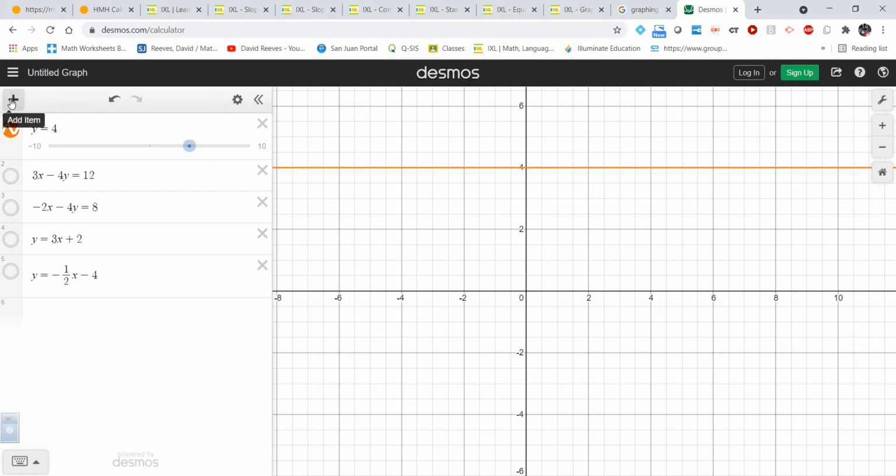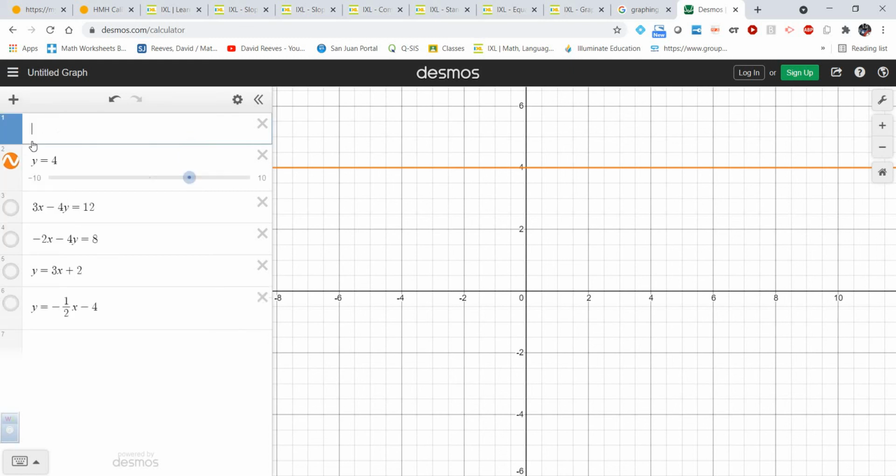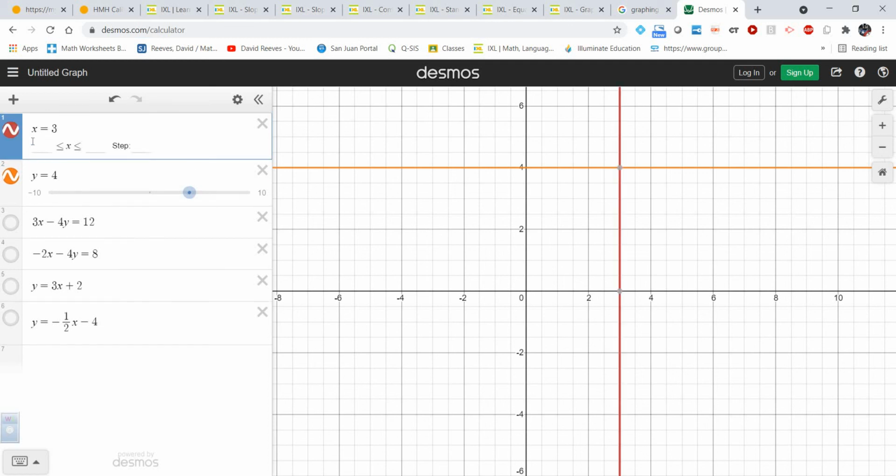All right, what about a vertical line? Well, if a horizontal line is y equals, how about if a vertical line is x equals? What about if we do x equals 3? Now, you'll notice here is that vertical line. It's a vertical line going through 3. I'm going to go ahead and hide this one now.